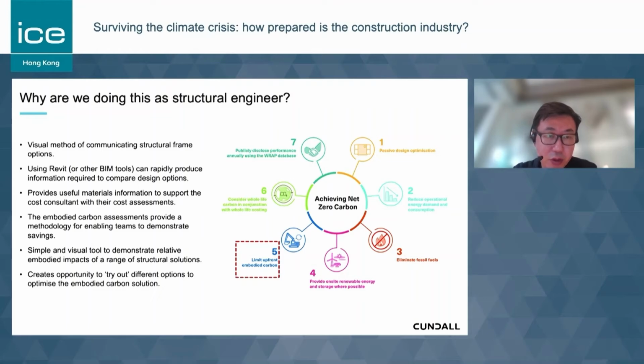So we have many tools to do that. We have different computer programs, BIM software, and we can have direct access to the structural material information, which we normally provide to the cost consultant for the cost study. And the embodied carbon assessment tool, which Desmond also mentioned, has built-in local carbon factors, which can be brought in as part of the material property.